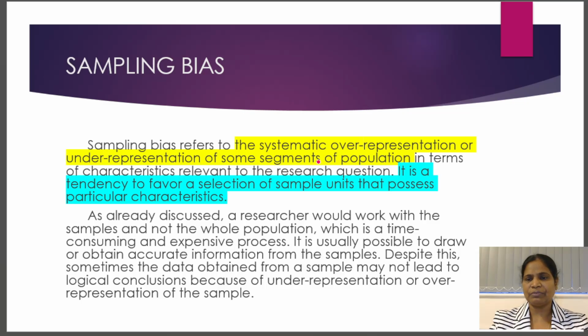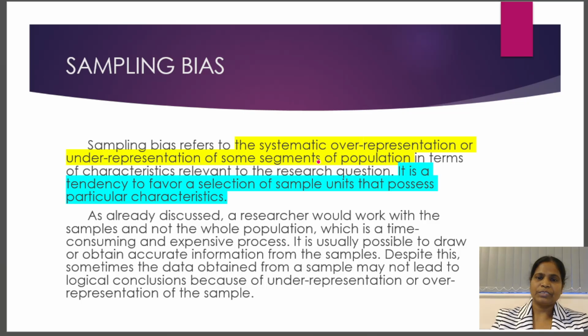Already in my previous video we have seen what is meant by population. It is a universe or characteristics of a person where we want to conduct a research: certain populations, certain people, or certain segments or clusters where the researcher wants to conduct research.